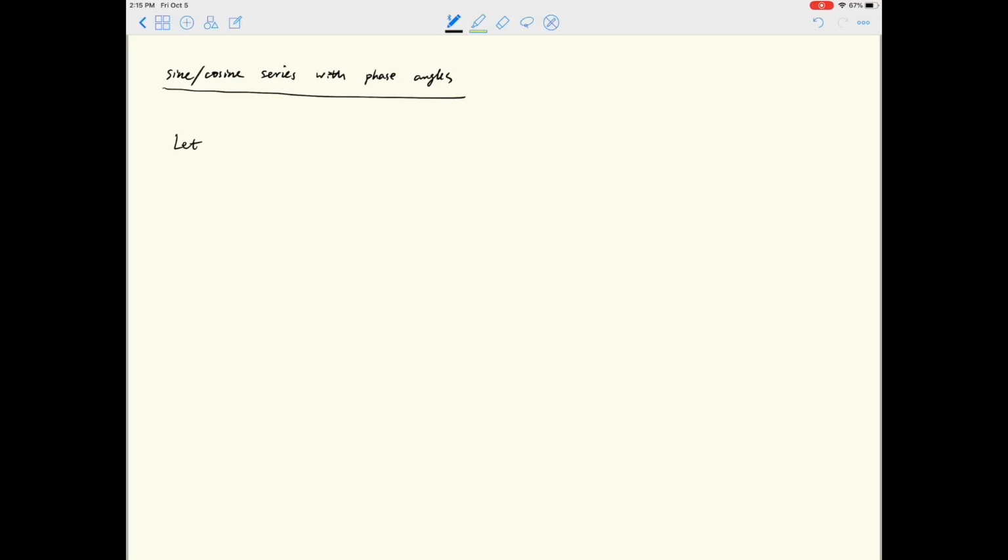So let a function f be given and it has Fourier series as such.